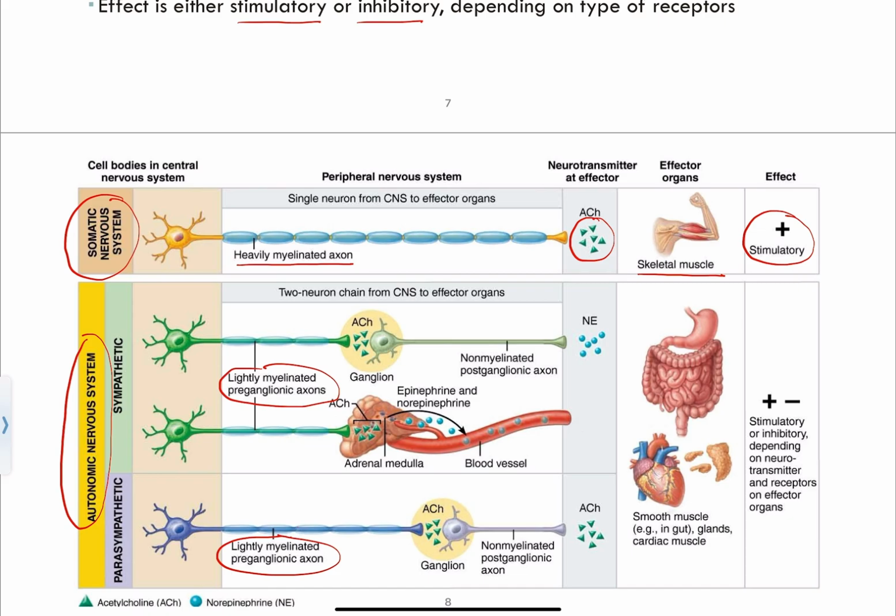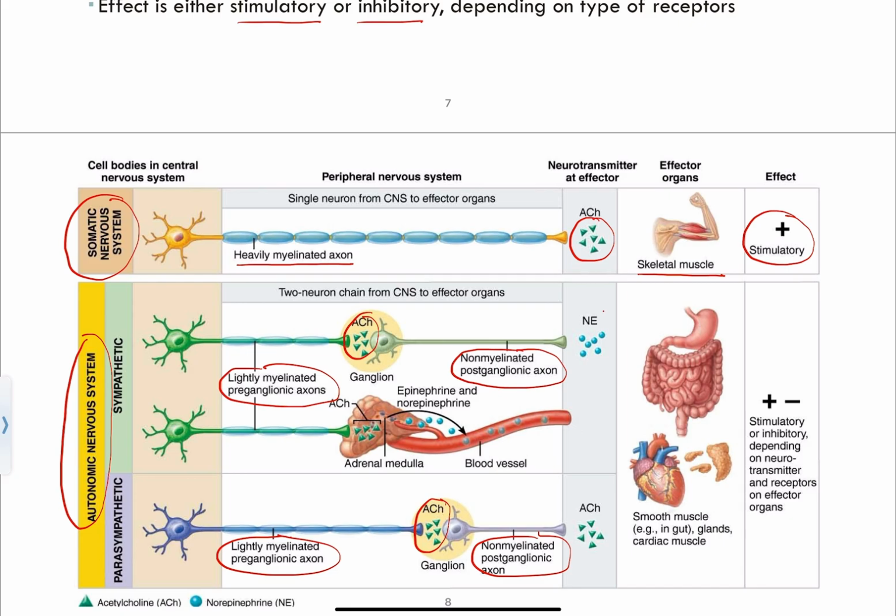All postganglionic axons of the autonomic nervous system are always going to be non-myelinated axons. We'll learn in a little bit that all preganglionic neurons release acetylcholine. And the neurotransmitter release from the postganglionic neuron depends on what division of the autonomic nervous system we're in.